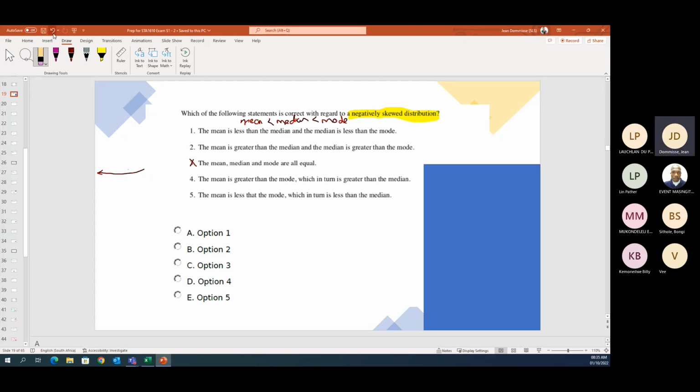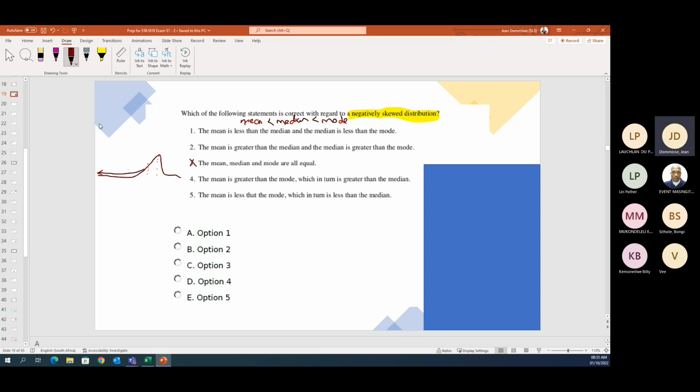The median and the mode will sit somewhere here, because remember that is still your median. So your average will sit somewhere here, and your mode, it's difficult in this one to say where it is, but it's probably up at the top. But your mean is definitely smaller than your median.